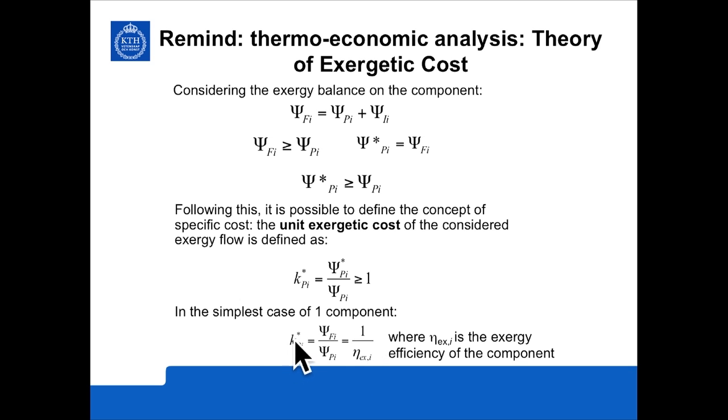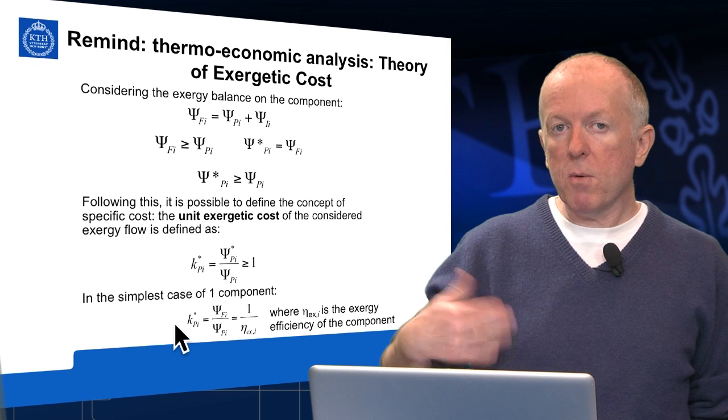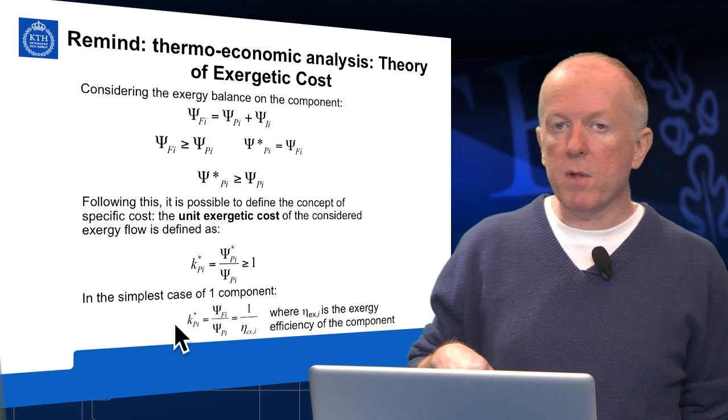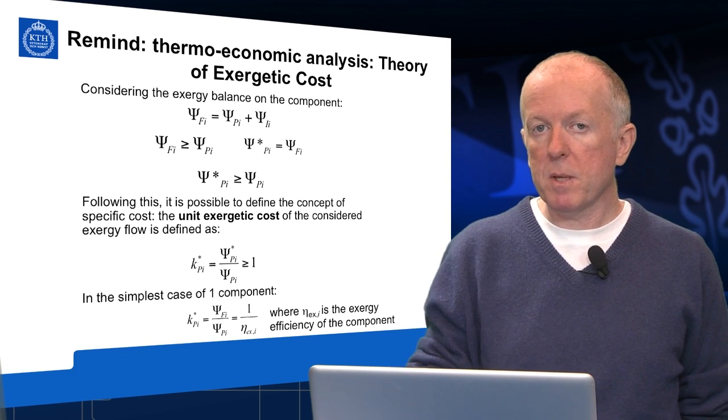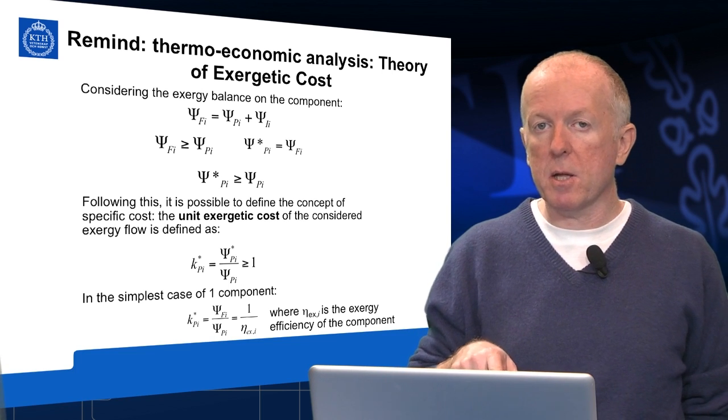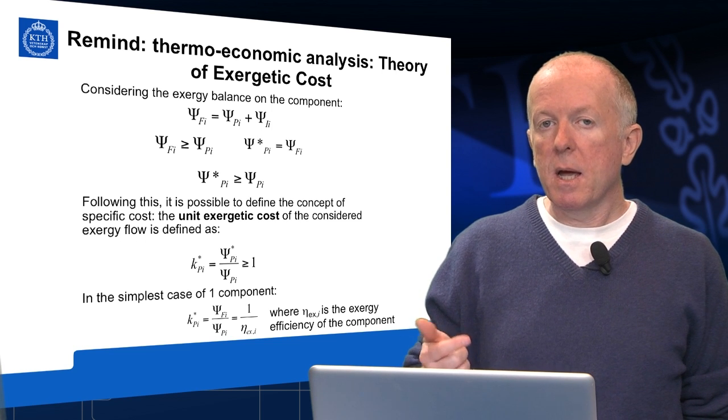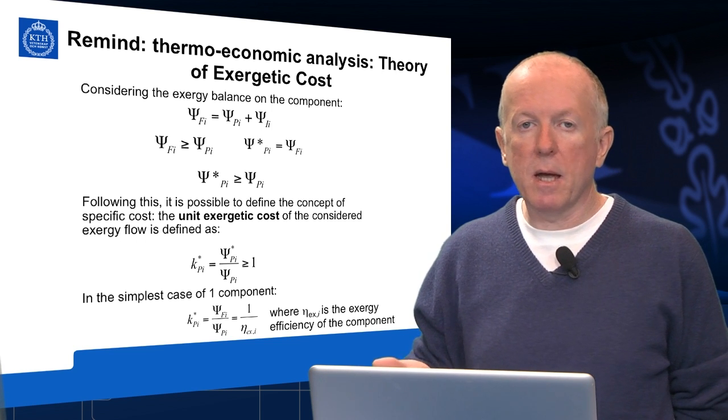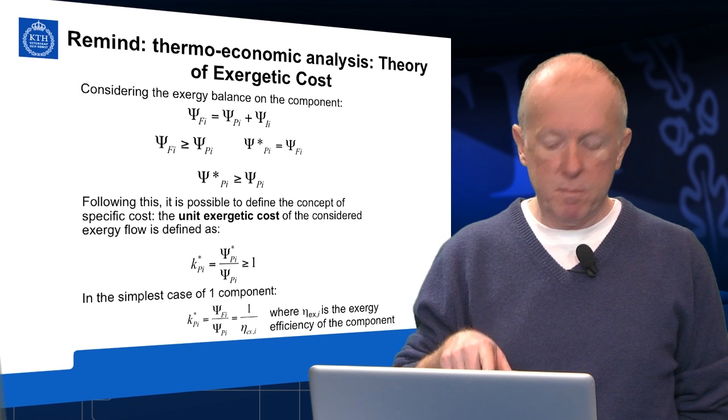So you see that k*_P, the unit exergetic cost of the product of the component, increases as much as the exergetic efficiency of the component decreases.